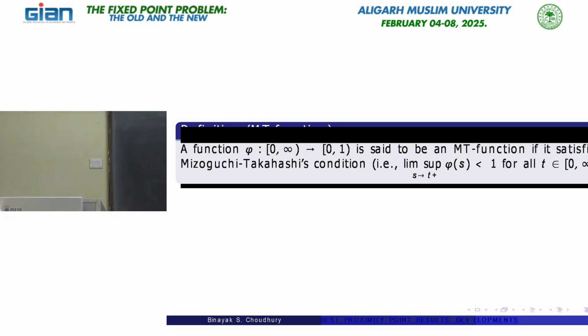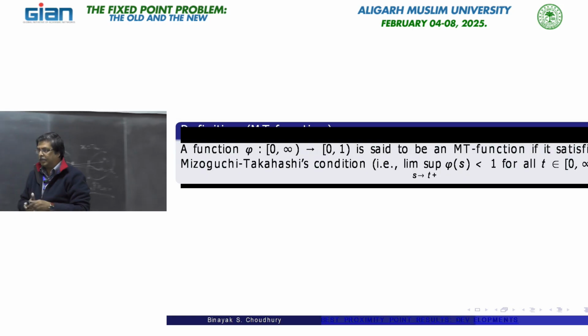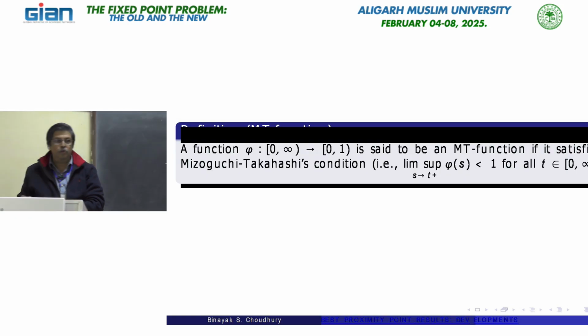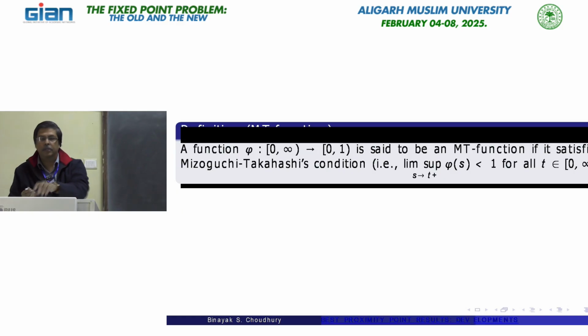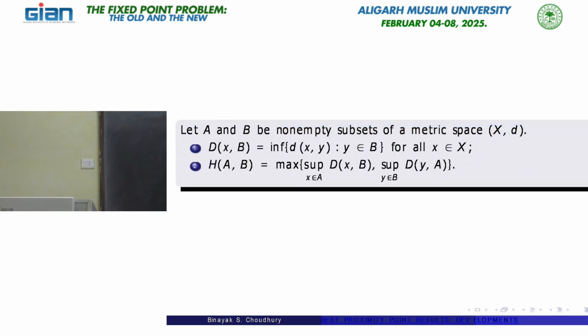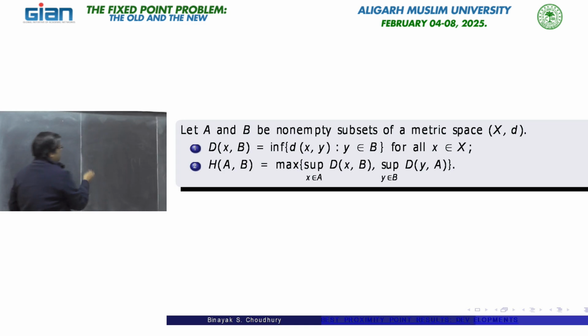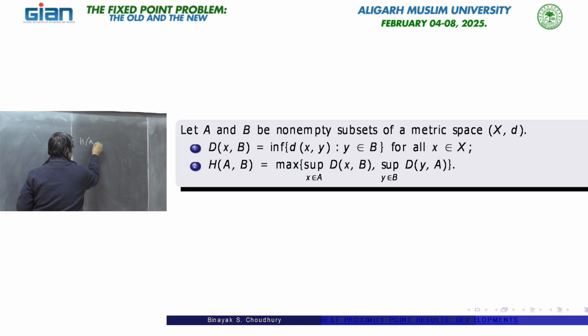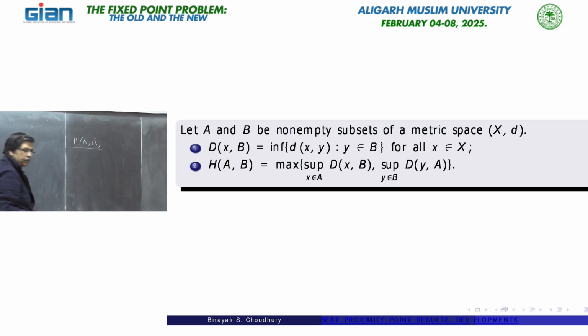You can see that we are going for the multi-valued one. What is the distance between two sets? The distance between two sets can be understood in very different ways. One of the established ways of looking into the thing is to use the Hausdorff distance, that is H(A,B). Think of this one.